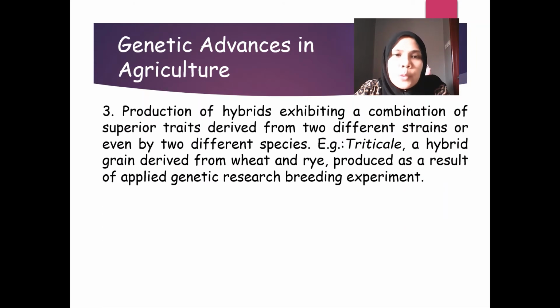Also, production of hybrids exhibiting a combination of superior traits derived from two different strains or even two different species, such as triticale, which is a hybrid grain derived from wheat and rye, produced as a result of applied genetic research breeding experiments.